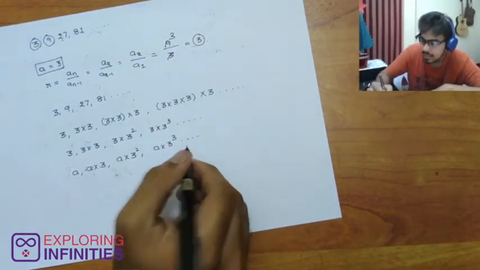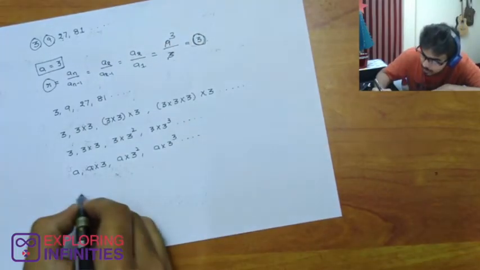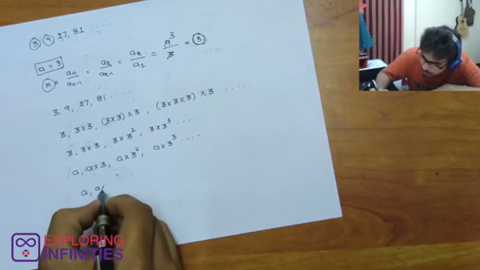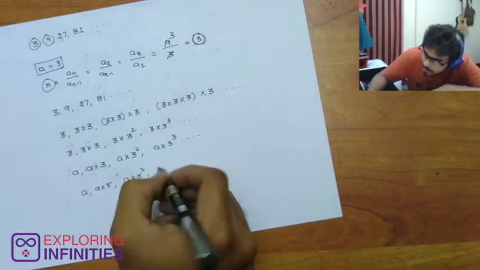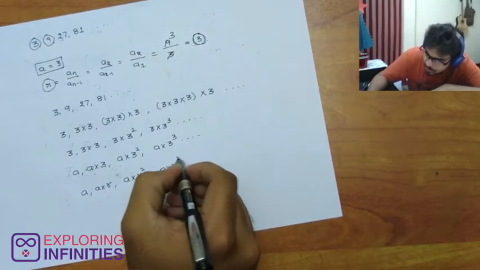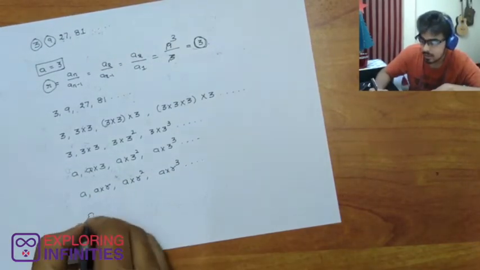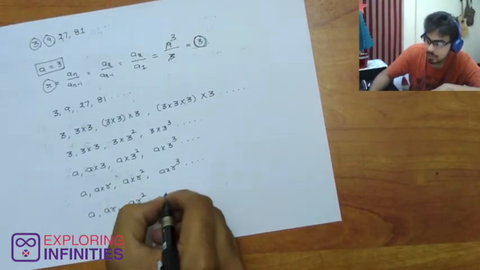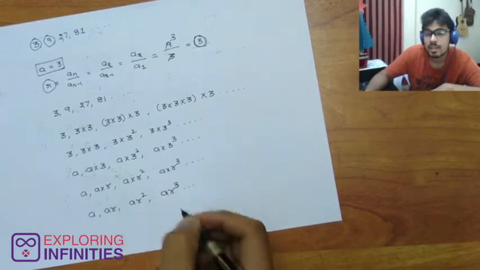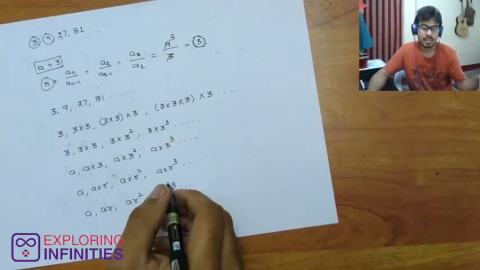And let's substitute r in the place of 3. a into r, a into r square, a into r cube, and so on. Wow, we got the general form of a GP again: a, ar, ar square, ar cube, and so on. This seems cool, isn't it? That's true. Let's do some examples.